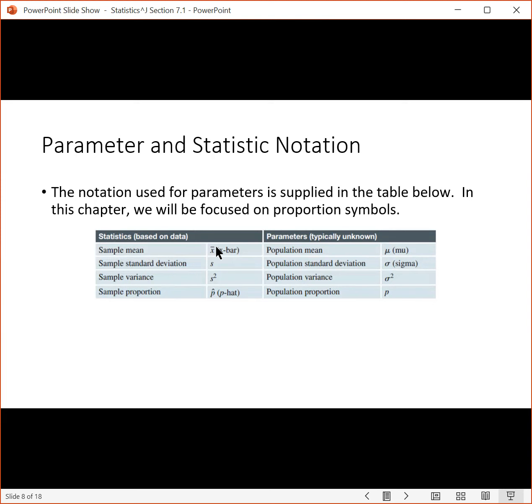When we define the population mean, we use the Greek letter mu. And when we are discussing the population proportion, we use just p itself. So for proportions, we've got p hat and p, and for means, we've got X bar and mu.